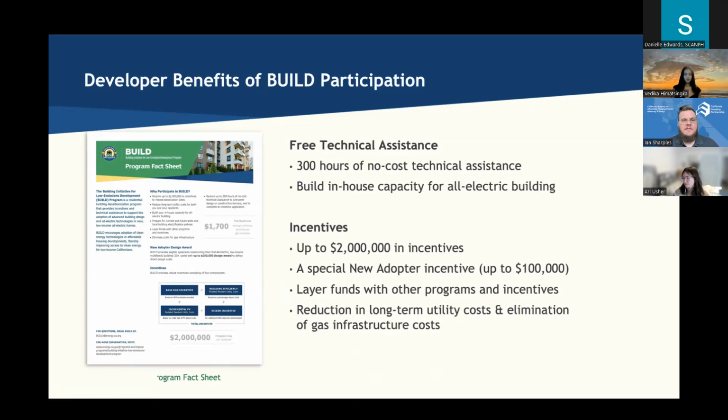This is a really great resource if you're building a new construction or an extensive gut rehab where 50% or more of the weight-bearing walls are taken out. There's also a reduction in long-term utility costs and an elimination of gas infrastructure costs. That's an important part of the financial planning of any sort of new construction: what are going to be the long-term maintenance costs. And this will help you reduce those in the long run.